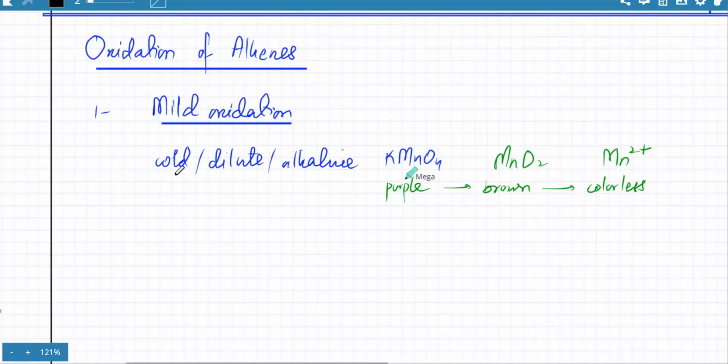What happens in mild oxidation? You have an alkene, let's say you have CH3 and C double bond C and there is H, and this is your oxidizing agent, cold dilute KMnO4. What would happen is that it's going to be like an addition reaction, where the double bond is going to break.